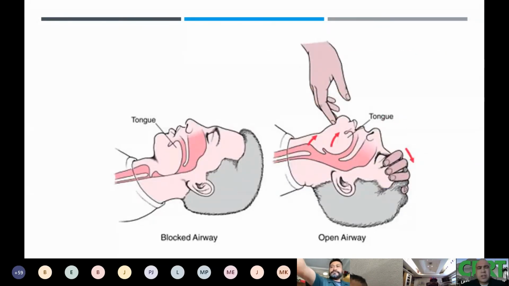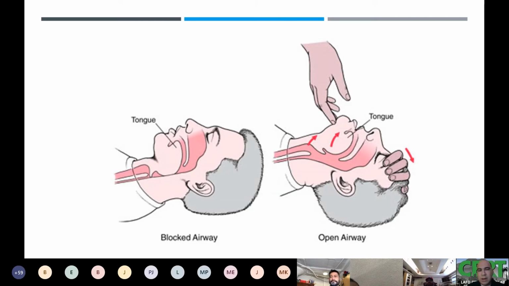This is a picture of the head tilt chin lift, and it's something you learn in first aid and more advanced medical, where you're pushing on the forehead to lift and tilt the neck back, lifting the neck up off the ground. You're not stabbing under the chin or into the soft palate, but lightly lifting up and trying to pull the jaw away to lift the tongue away from the airway.